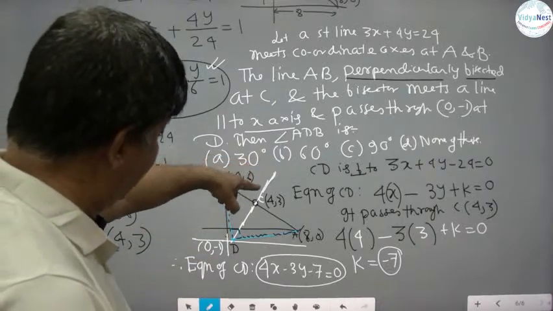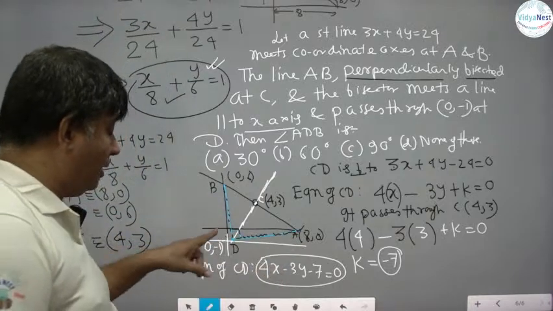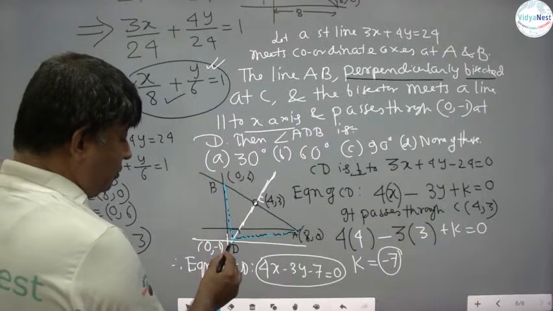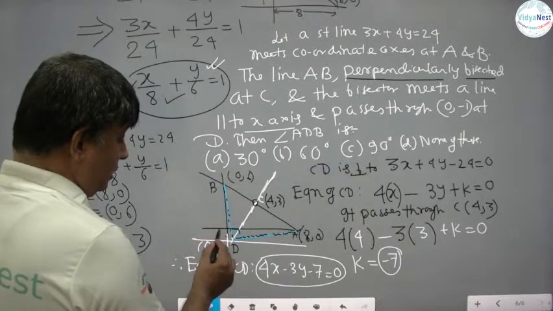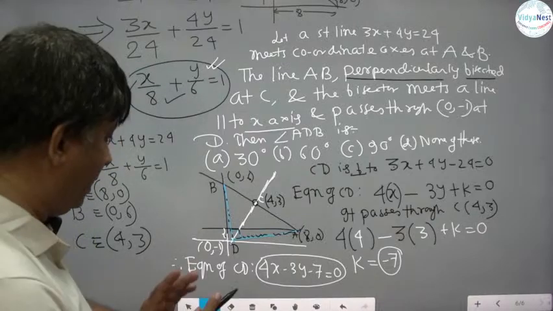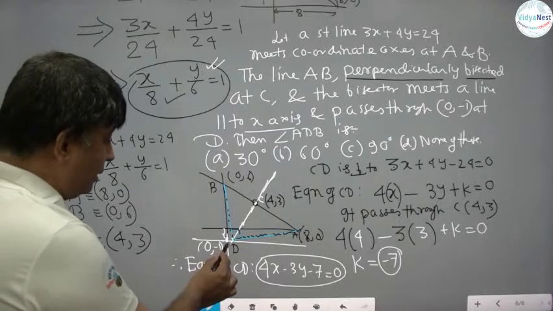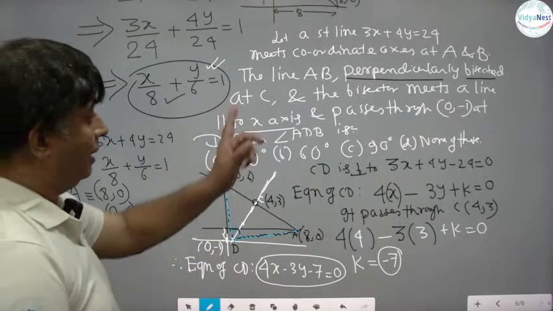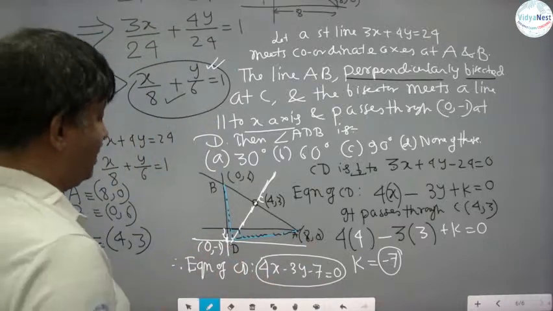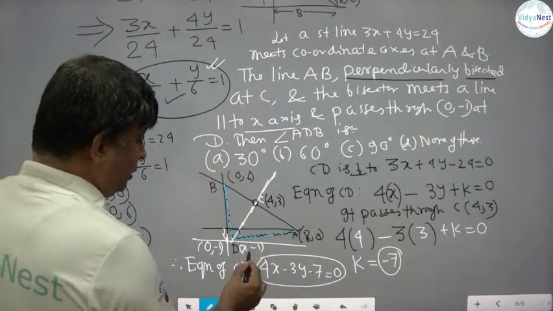Now, the line goes straight to meet the line which is parallel to the x-axis, and they meet at D. So, this point is (0, minus 1). Maximum students will be confused. Say this point (0, minus 1) is D, or this point? No, this point. The line passes through (0, minus 1) and is parallel to the x-axis. So D's y component is minus 1, x component we don't know.